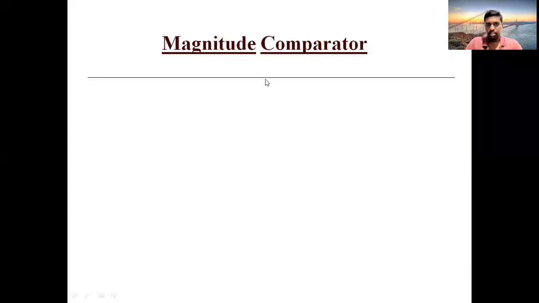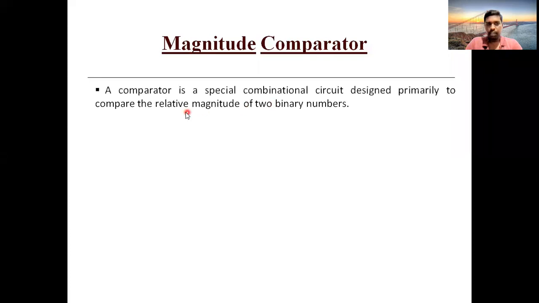A comparator is a special combinational circuit designed primarily to compare the relative magnitude of two numbers. So, what is relative magnitude? Suppose you take two binary numbers, 101 as the first and 110 as the second.